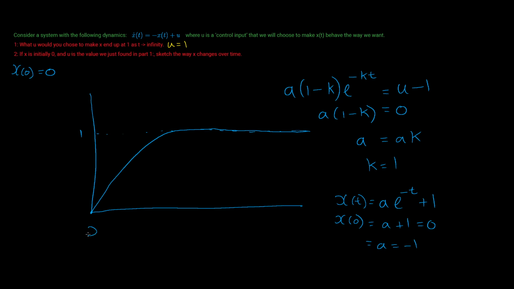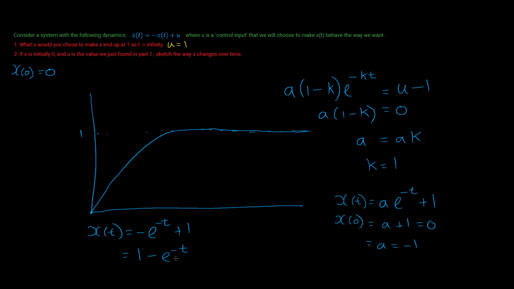So x of t is minus e to the minus t plus 1, or if we rearrange that so it's a little bit nicer, this is the equation we end up with.